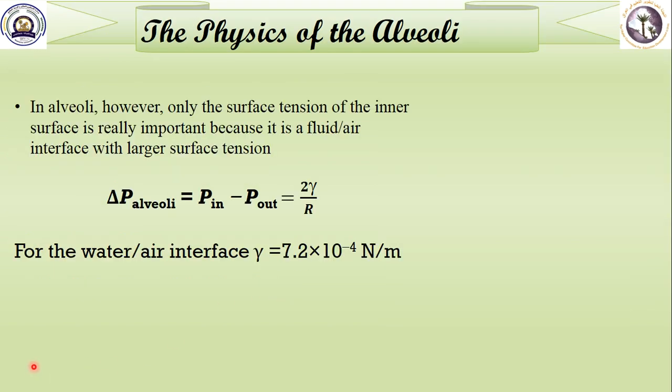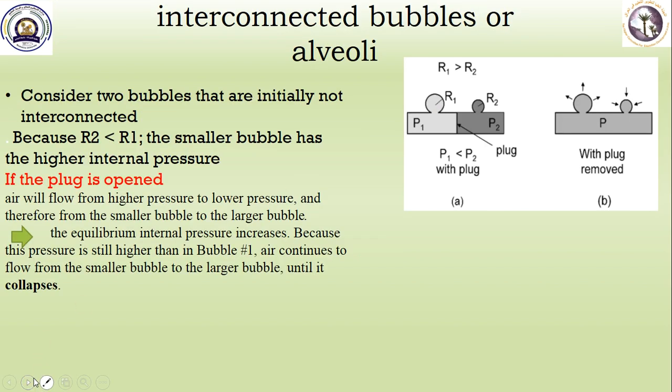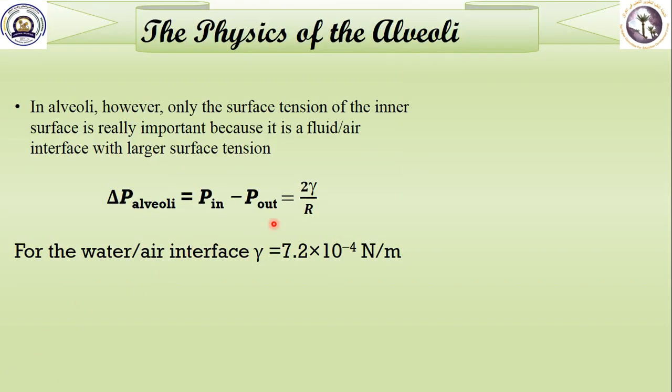الدلتا بي is equal to P in minus P out, which is equal to 2 gamma. No, 2 gamma. This is wrong.